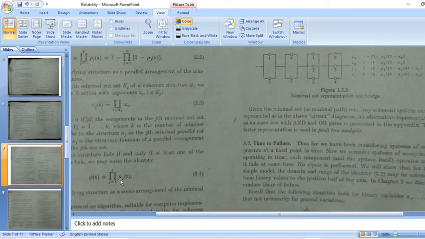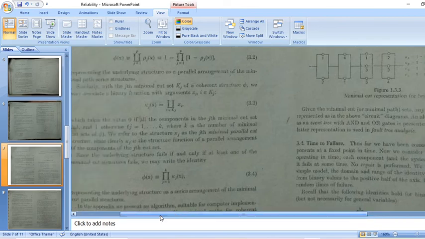Phi of x will be the product of the structures of the subsystems. Okay, what is the reason? This is in series with this set, and again in series with this set, and again in series with this set. Okay, so we can represent phi in terms of minimal paths or minimal cuts. That is the specialty of this section.